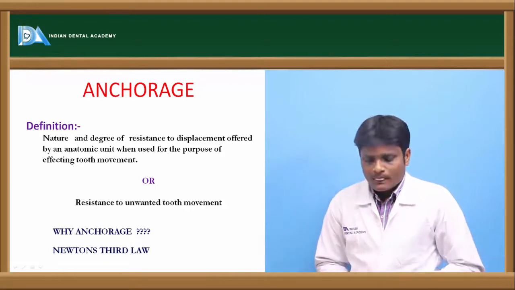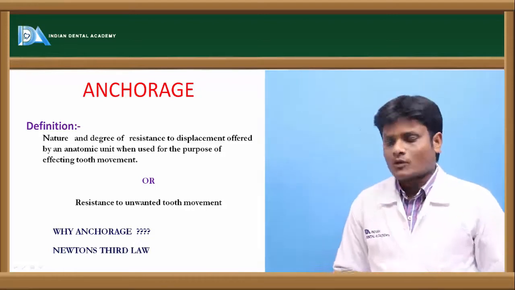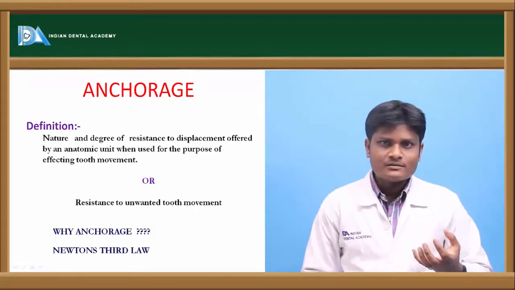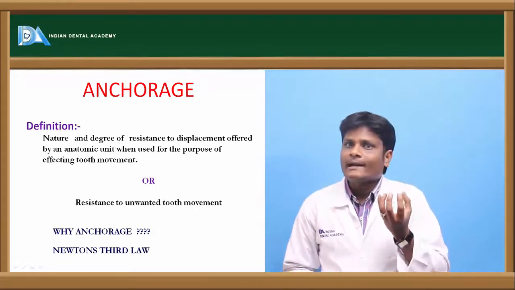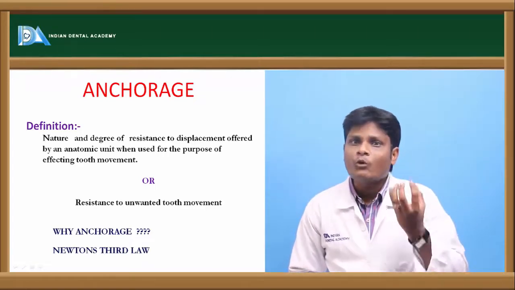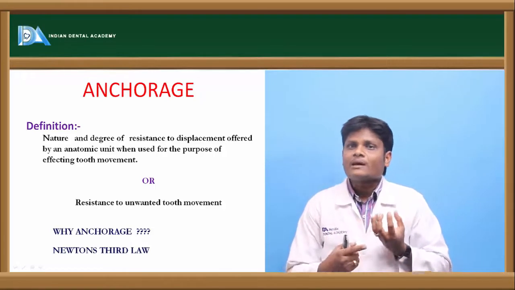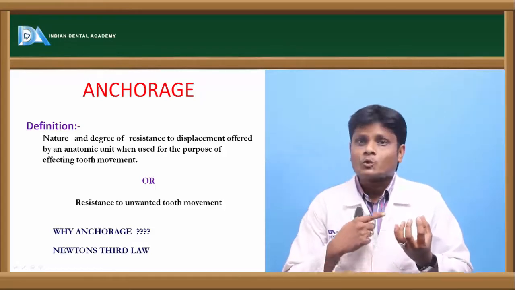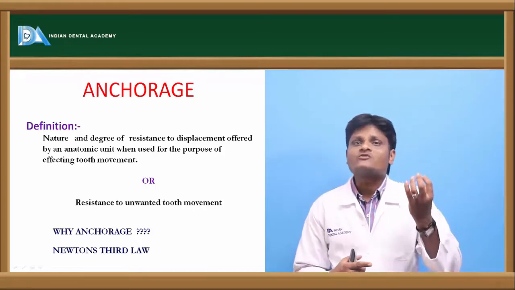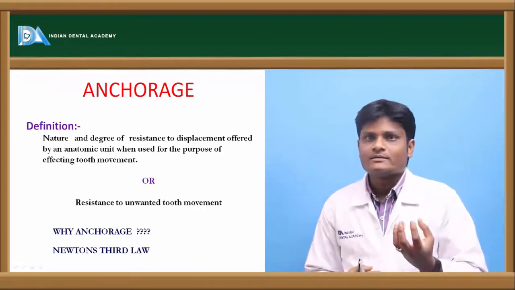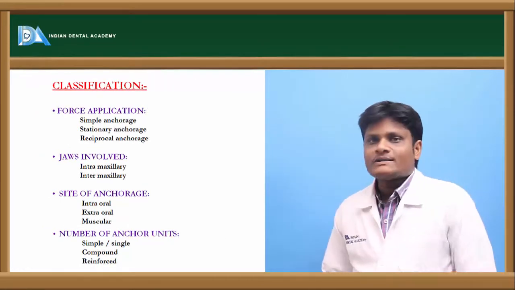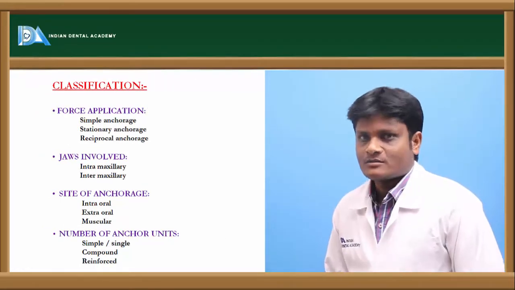Now, for orthodontic treatment, we should plan anchorage in such a way that the anchorage units are held in their position without allowing them to move, while at the same time applying force through them in order to move the tooth or group of teeth whose movement is intended. Clear?